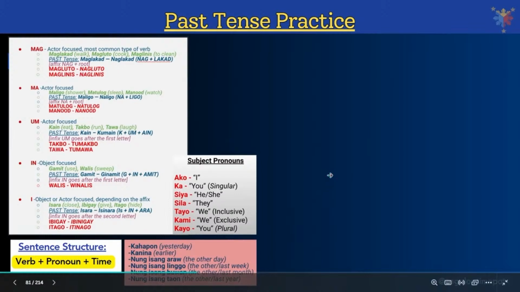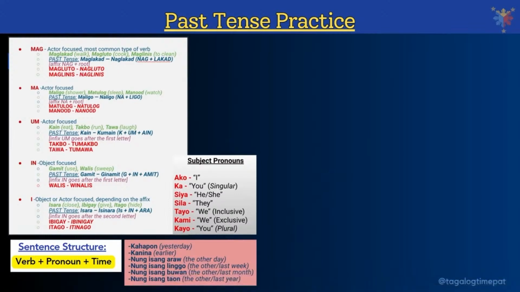Kanina is earlier. Nung isang araw means the other day. Nung isang linggo is the other week or last week. Nung isang buwan means the other month or last month. Nung isang taon means the other year or last year.